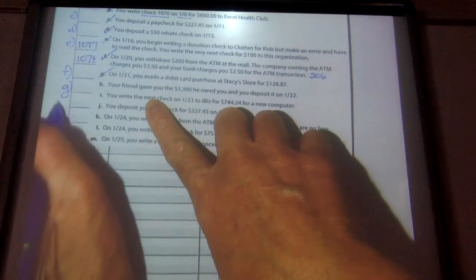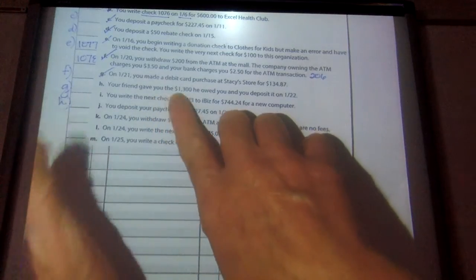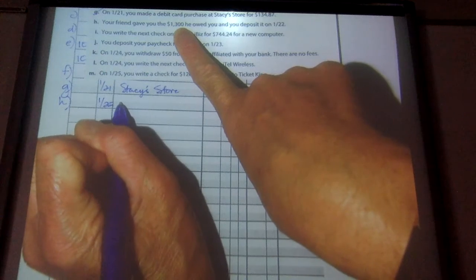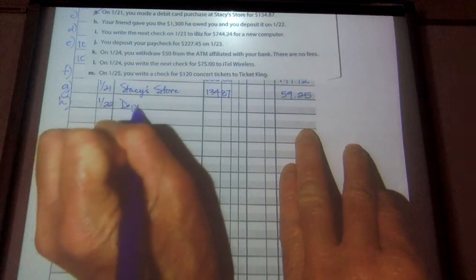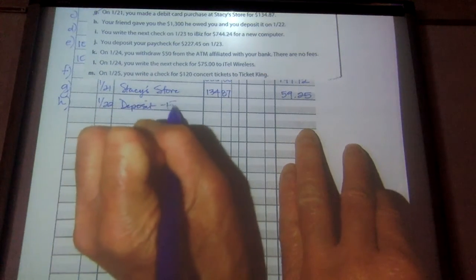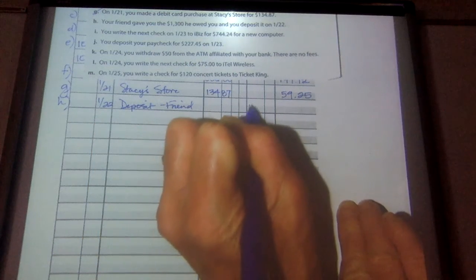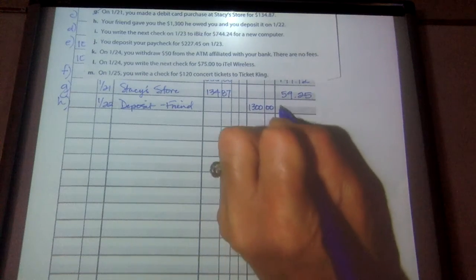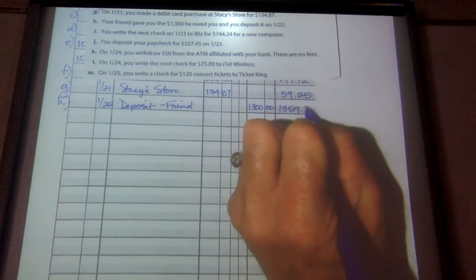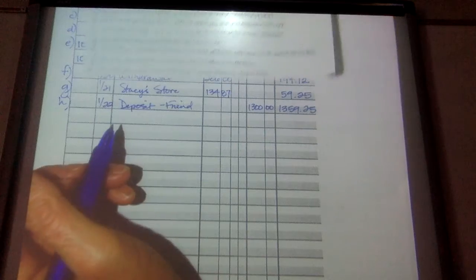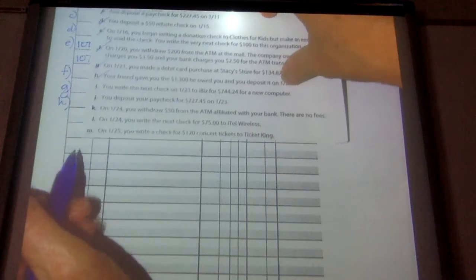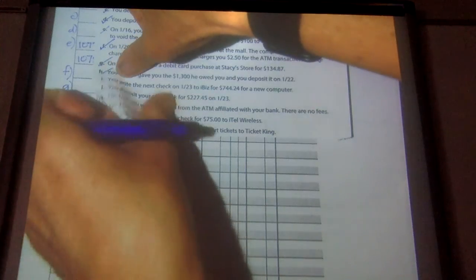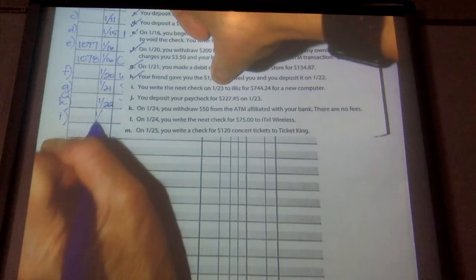H. My friend gave me the $1,300 they owed me, and that was on January 22nd. So I'm just going to put deposit from a friend, and it was for $1,300. I don't know who loans their friend that much money, but that'd be $1,359.25 now in my account. So that was H. I says I write the next check on 1/23.